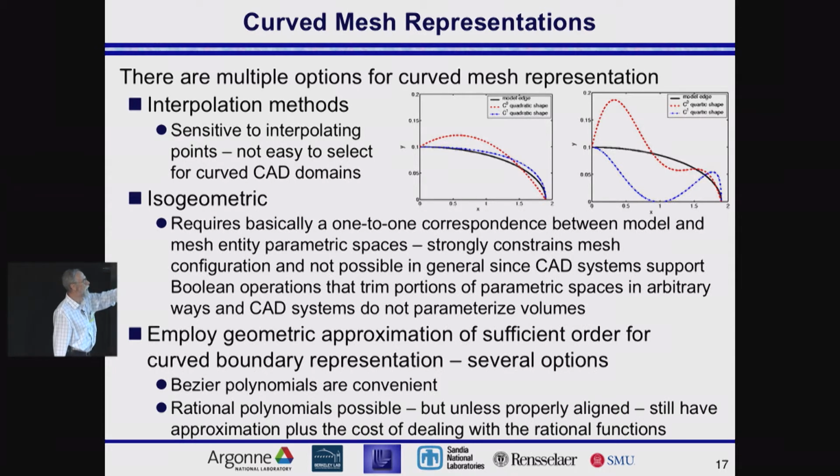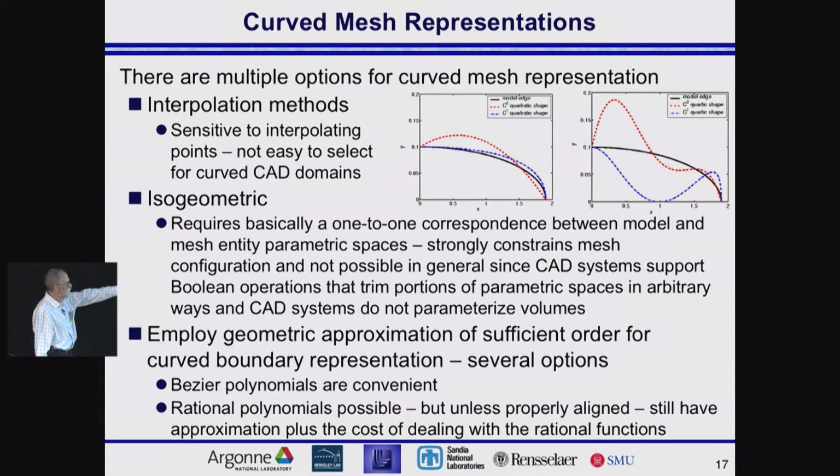One that you'll hear a lot about in the finite element community is isogeometric methodologies, which simply says you're going to use the same basis functions for your geometry and your mesh. There's nothing wrong with those, but in fact, it's not really necessary, and it doesn't eliminate the mesh generation problem as sometimes is advertised.